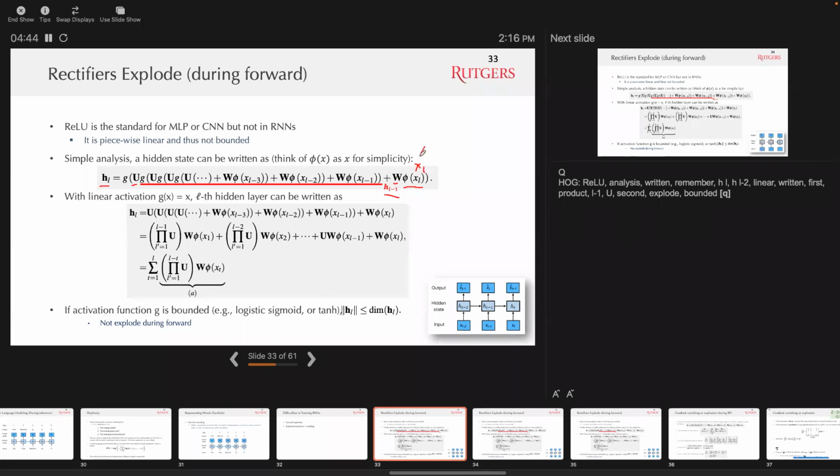So this is the current input and the previous history. You take the weighted combination of the past history and the current input, and you go through some activation function, where G is your activation function. This is how we write down the equation of the hidden state at each time step so that we can analyze it. Okay.